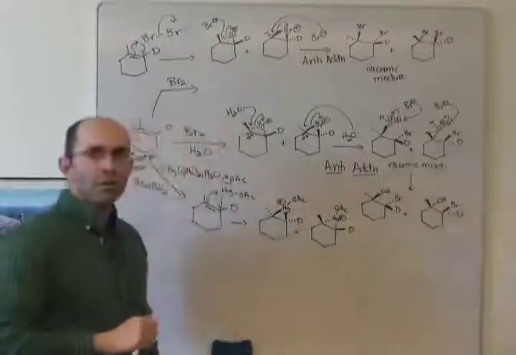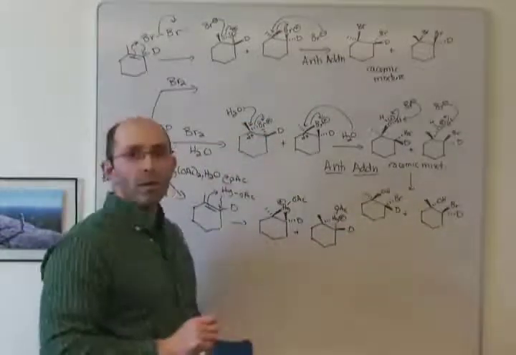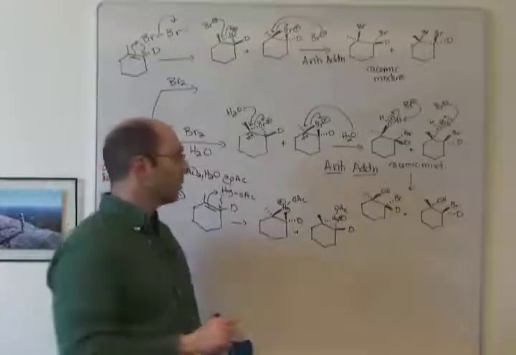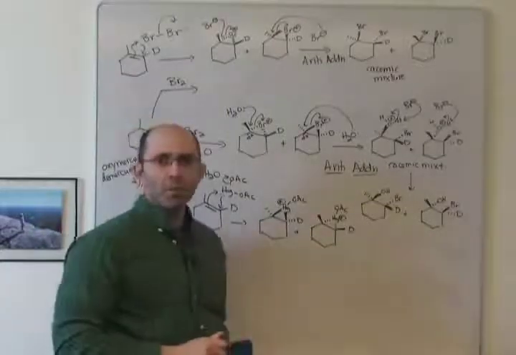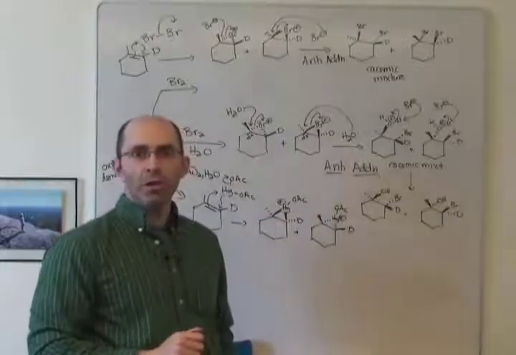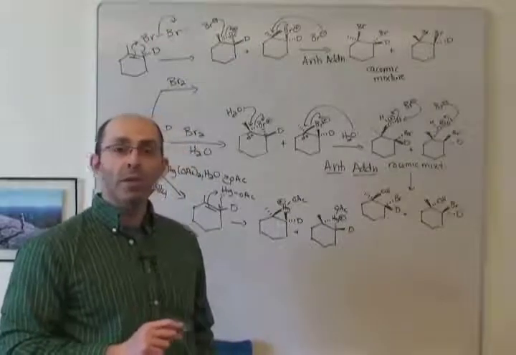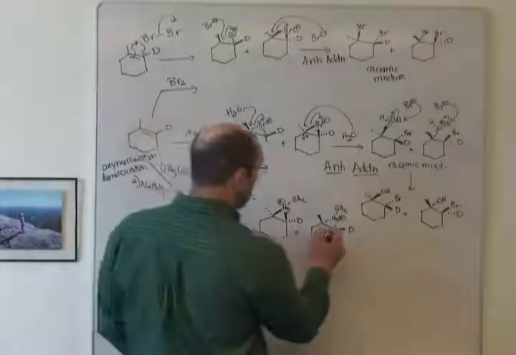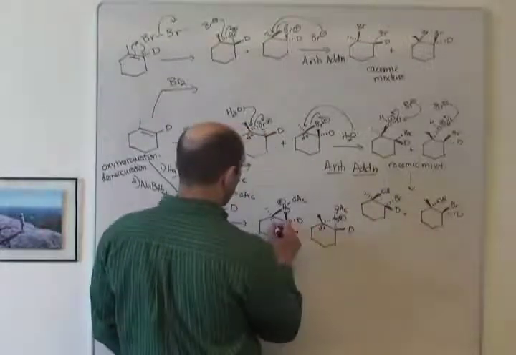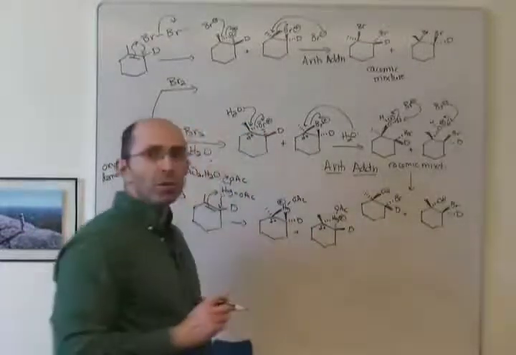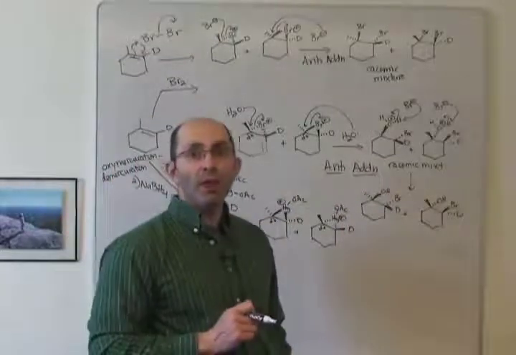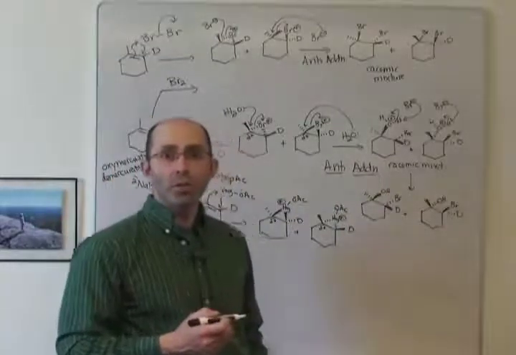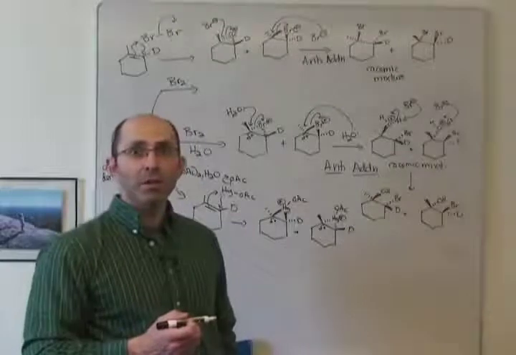And just like we talked about with the bromine intermediates, the charge is not stuck completely on mercury. Again, that's a formal charge. That's not really what happens. That molecule is going to spread the charge out as best it can, and there's significant delta plus on the more substituted carbon. So the same thing is going to happen, is that water is going to add to the more substituted side of that cyclic intermediate.